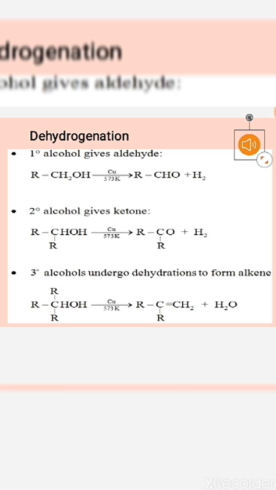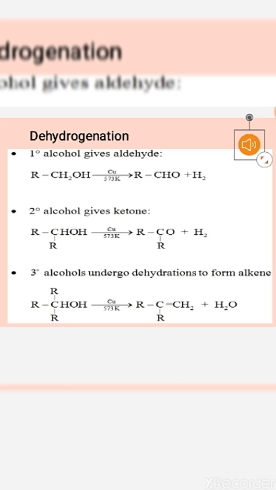Dehydrogenation of alcohol means removal of hydrogen, and this is another type of oxidation reaction. It is completed in presence of copper at high temperature. Primary alcohols always give aldehydes, secondary alcohols always give ketones, and tertiary alcohols produce alkenes.